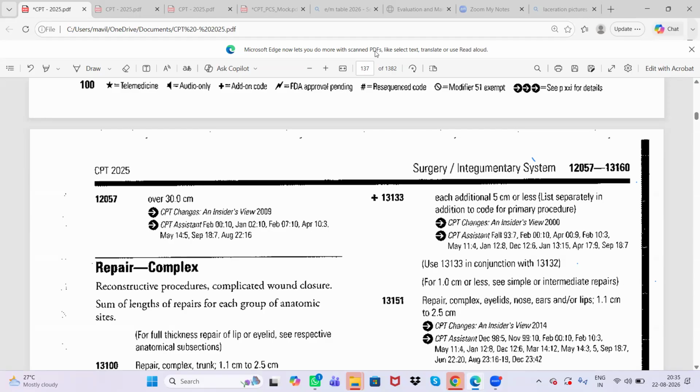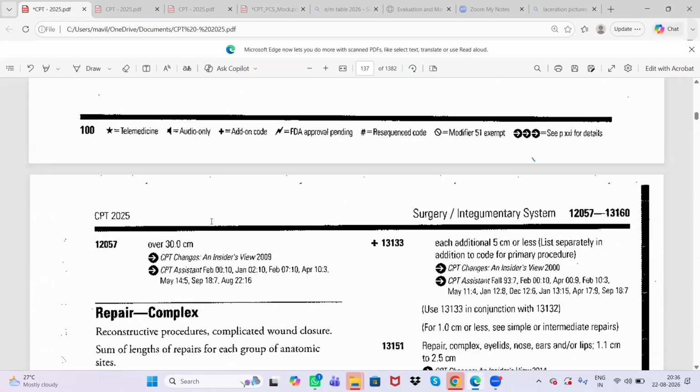That is the reason we have these terms to be remembered. So if any of these terms are found in the medical record, then you can code it. But don't expect a direct answer from the provider in the medical record.